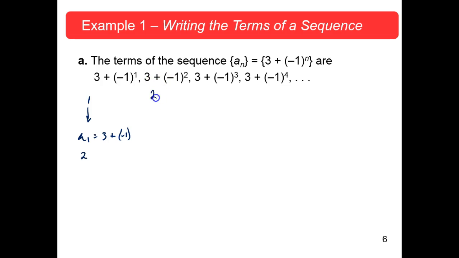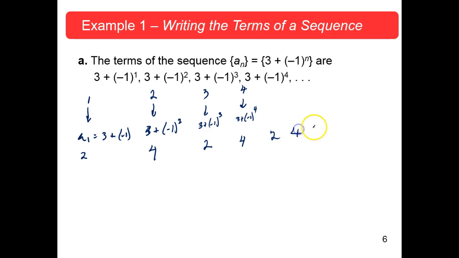It's 2. a sub 2 would map onto 3 plus (-1) squared, which would be 4. 3 would map onto 3 plus (-1) to the third power, which would be 2. 4 would map onto 3 plus negative 1 to the 4th power, which would be 4. Any guesses on what would follow that?